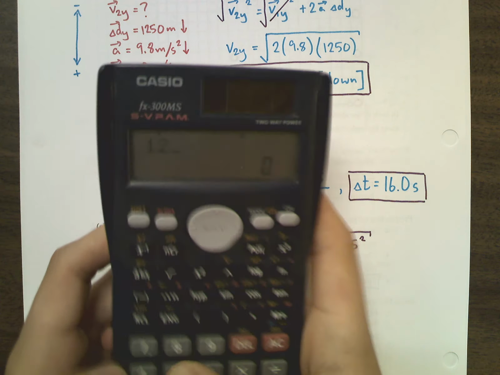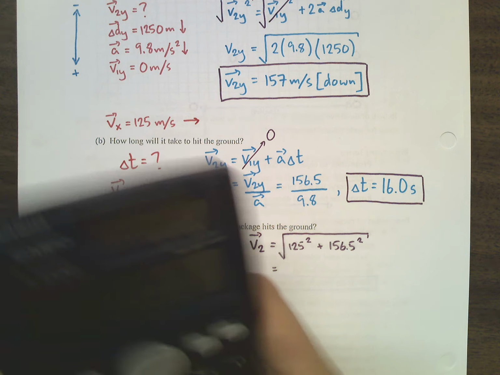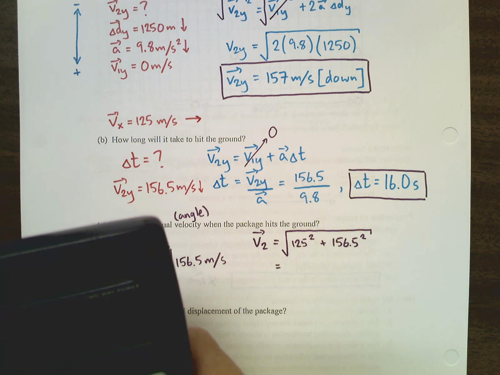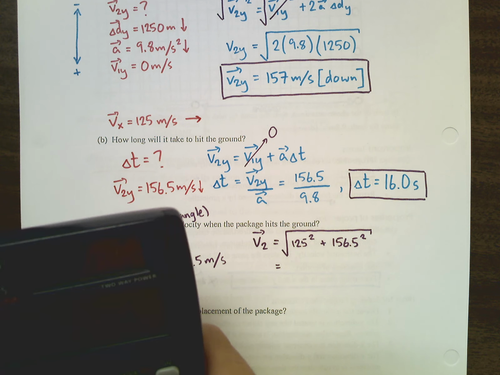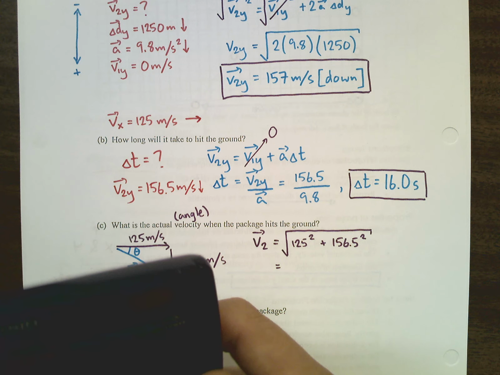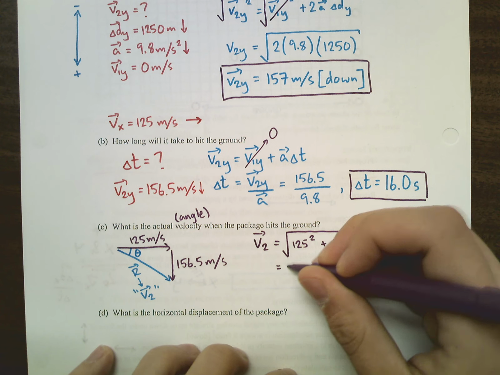So 125 squared plus 156.5 squared, and then the square root of that should give us 200.29.